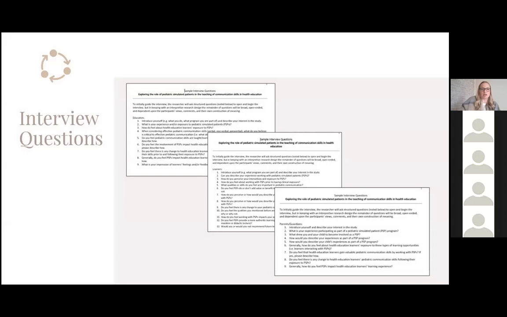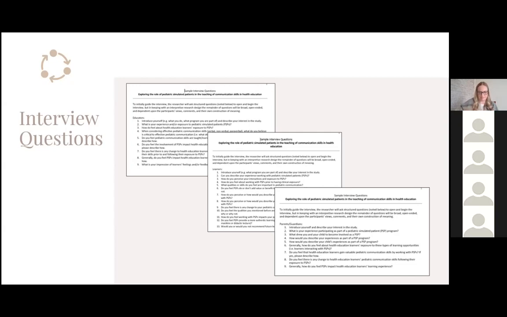Some of the interview questions that I asked, just to give you an idea of how the interviews were structured. First of all, I did use semi-structured interviews for each participant, because I really wanted the participants to tell their story and experiences freely. But again, looking for specific themes, I had some set questions guiding and structuring the interview.